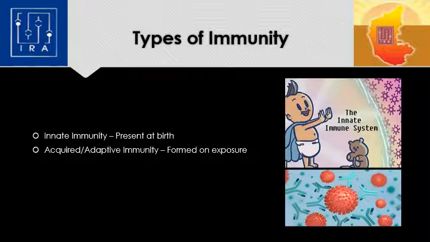The immune system is divided into two major components. One is the innate immune response or innate immunity. Another one is the acquired or adaptive immunity. Innate immunity includes the mucous membrane, skin, and some of the structures which directly protect the entire organism from the external environment.